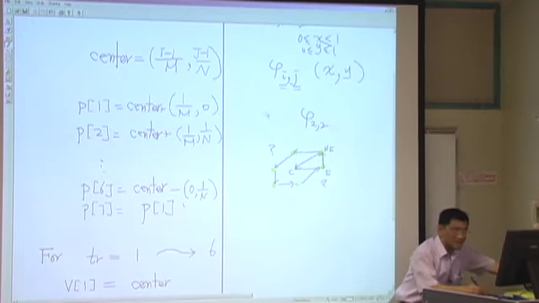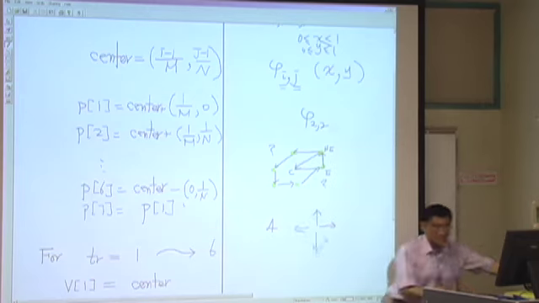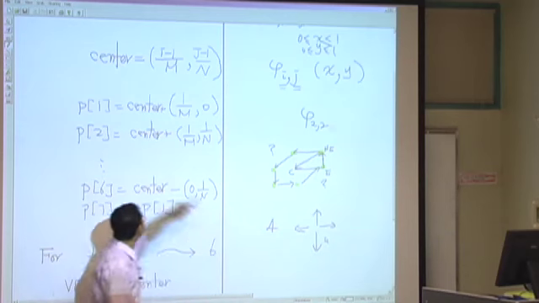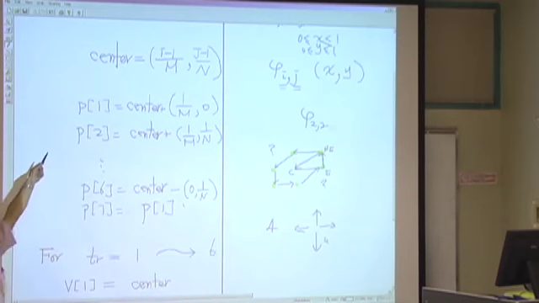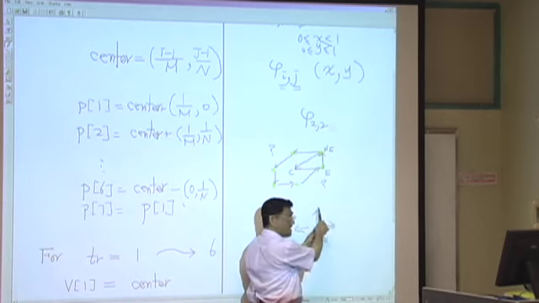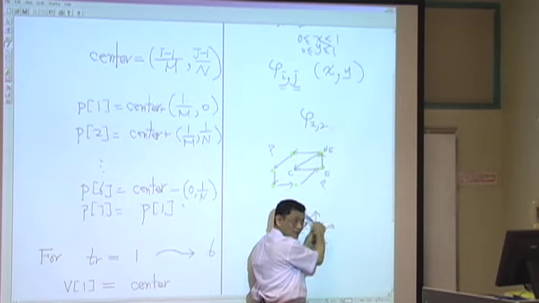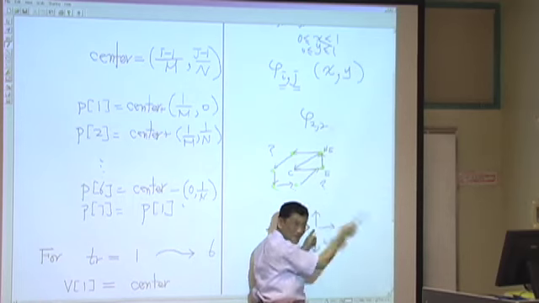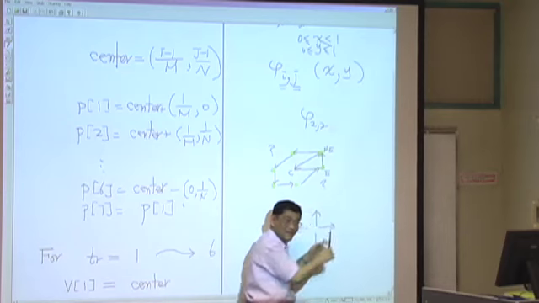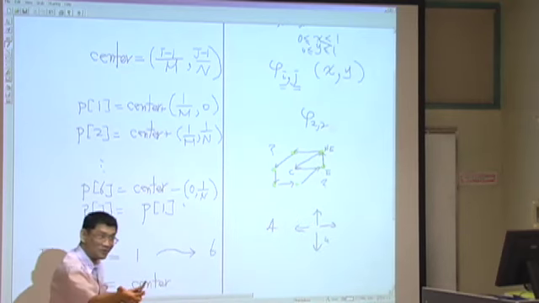So, there are 4 possible sides, right? There are 4 possible sides: east, north, west, south side, right? So we can just insert this after the center. So at the center, we check 4 sides, and then check whether this goes out of domain or not. You follow me?